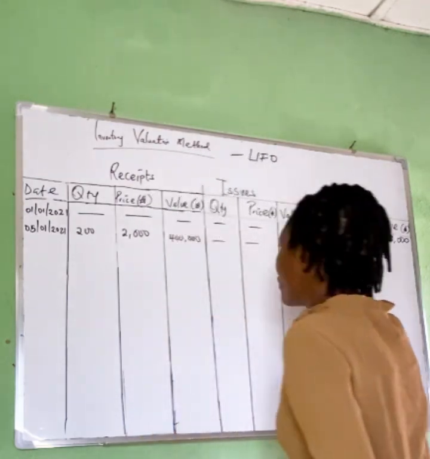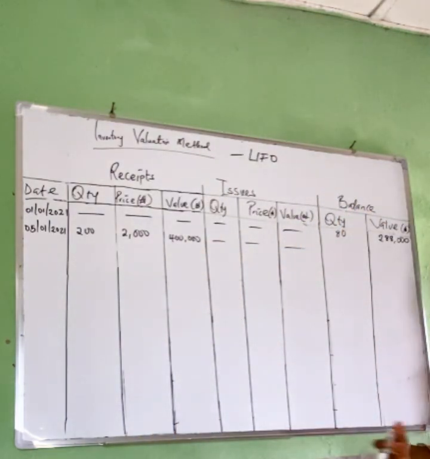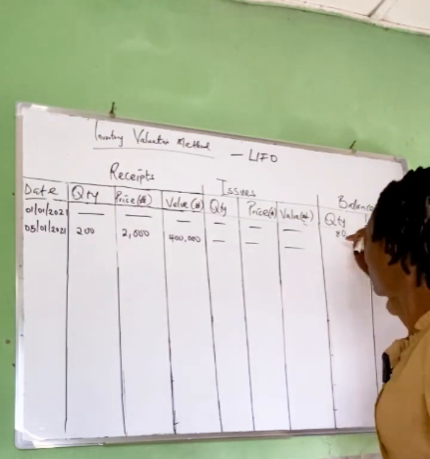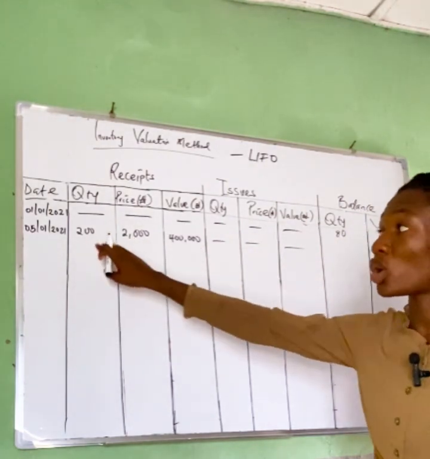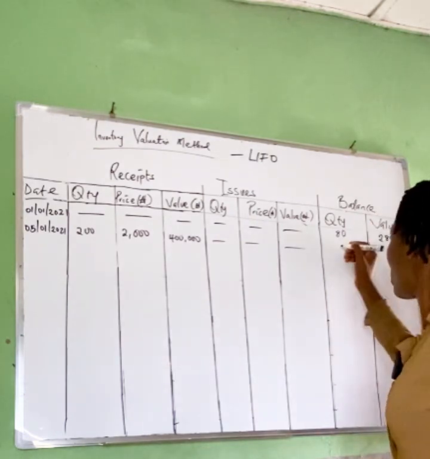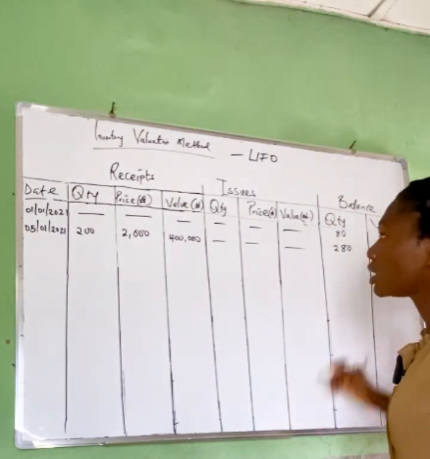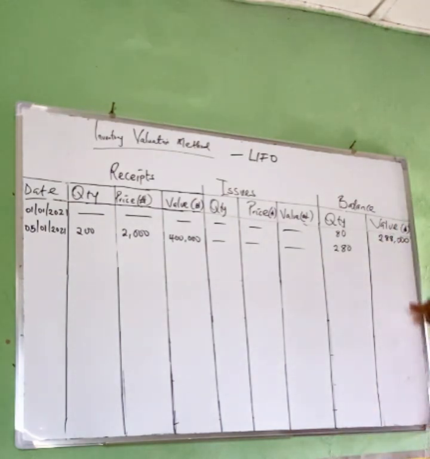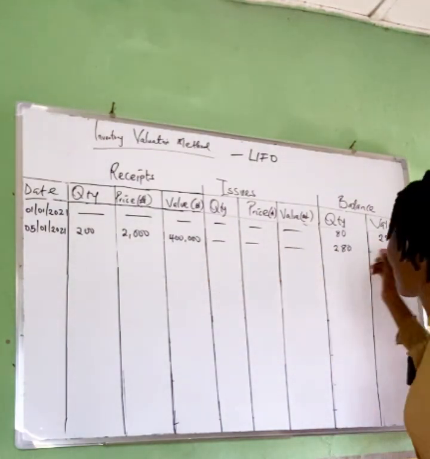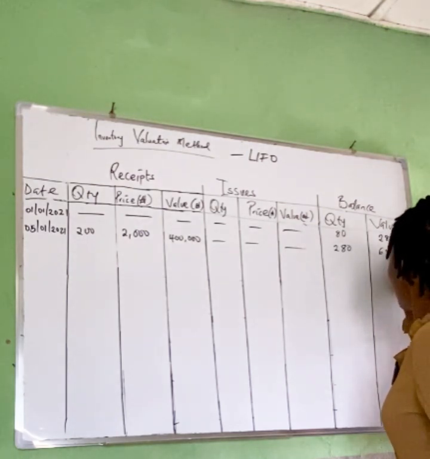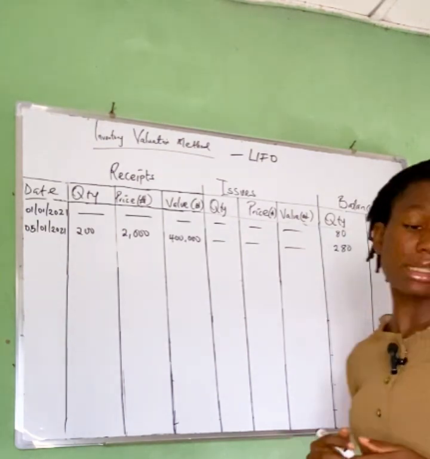To balance, since it's a receipt, we add the previous balance quantity to the quantity that was bought, giving us 280 units. Then we add the previous value, which gives us 688,000.